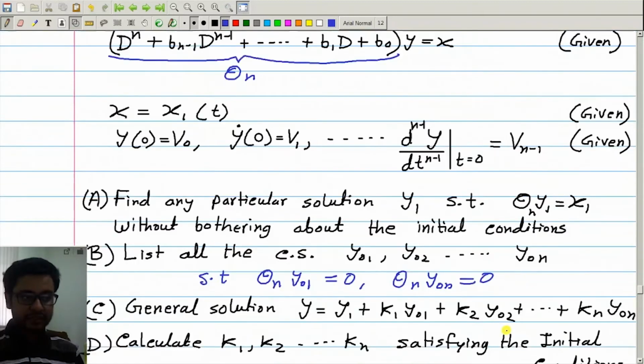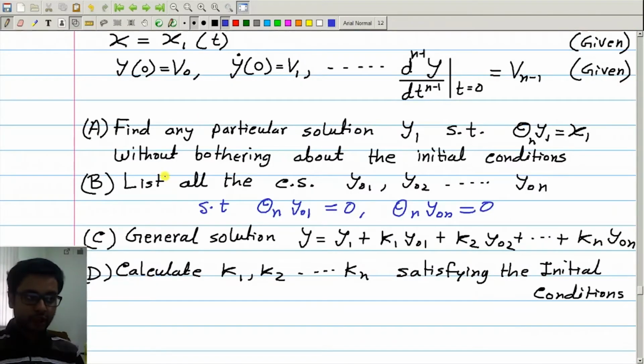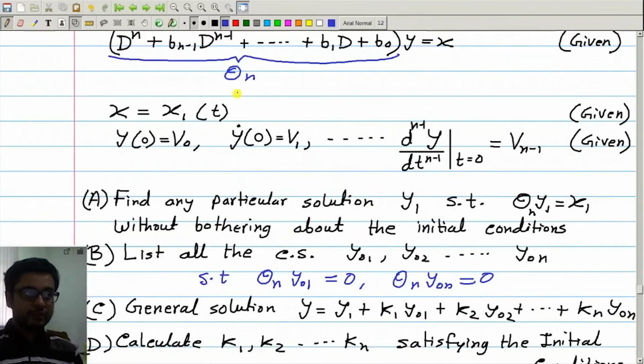And then a general solution of this differential equation can be written as a sum of this y1 plus k1 y01, k2 y02, kn y0n.